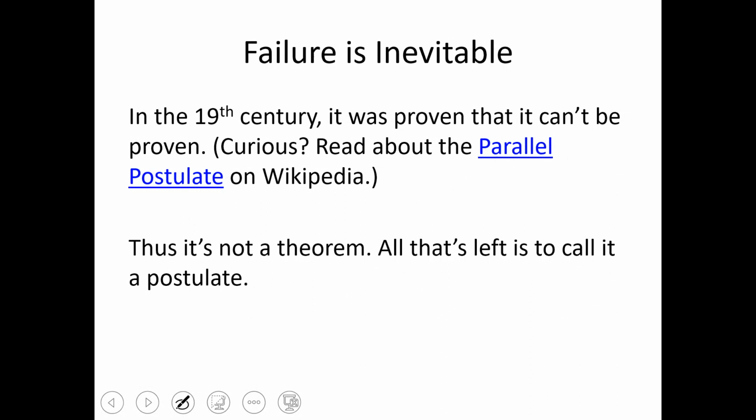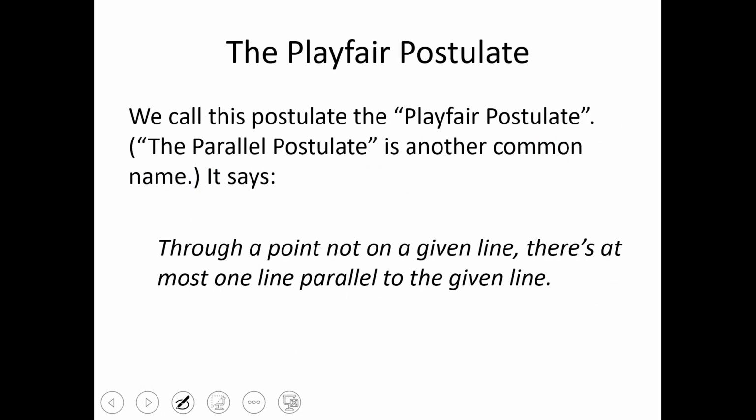So I suggest that you go and read that, and perhaps allow yourself to fall into the black hole of Wikipedia, click on links, and just continue to read. So for us, it will not be a theorem. We will call it a postulate. And that is then the Playfair postulate, or another common name is the parallel postulate, which says that through a point not on a given line, there's at most one line parallel to the given line.